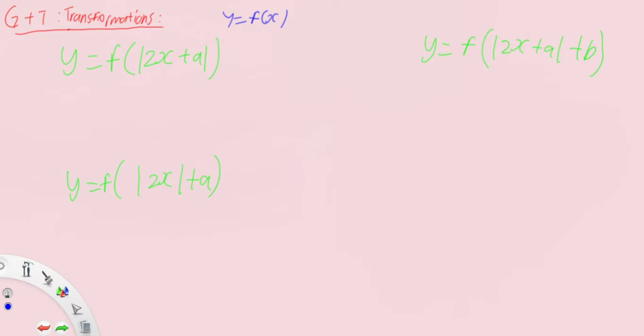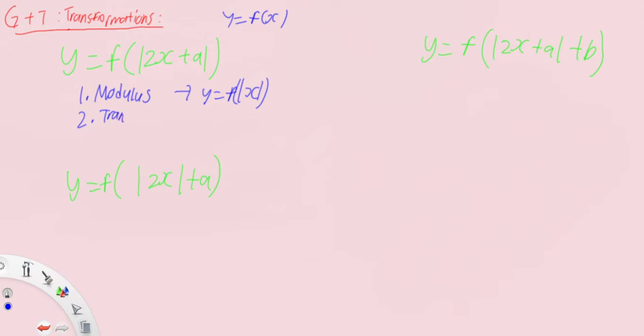So first you modulus, and you'll get y equals f(|x|). Then afterwards you translate. Of course, you follow the AMMA rule. You can choose to scale first, otherwise you can just simply translate first.